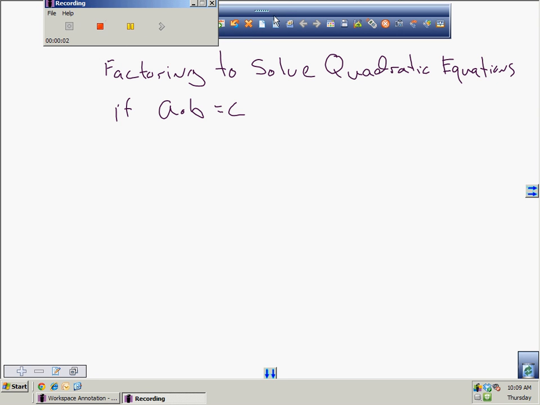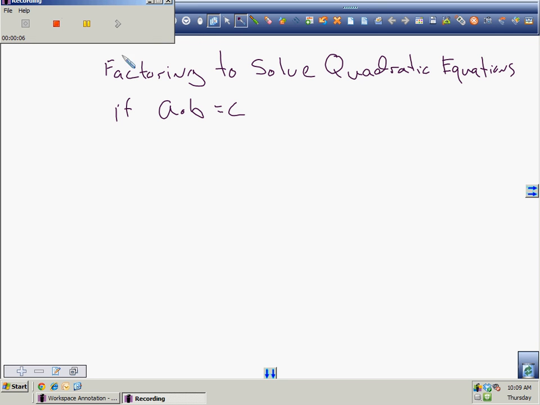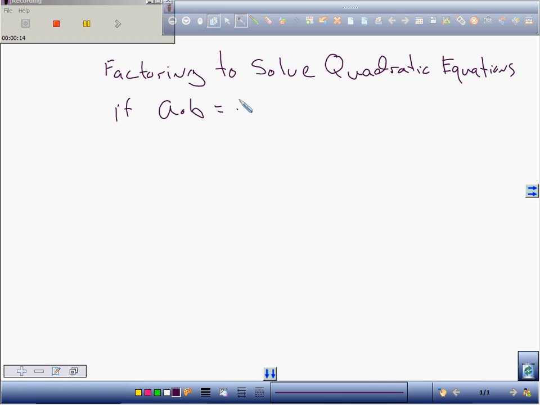Solve quadratic equations. A very important technique that you use is called the zero product property. If A times B equals 0, what's got to be true about either A or B or both? Very good.